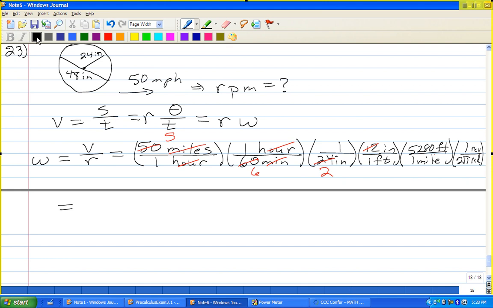So 5 times 5,280 is 26,400 over 12 times 2, 24 pi. I can divide everything by 8. 33 over 3 pi.